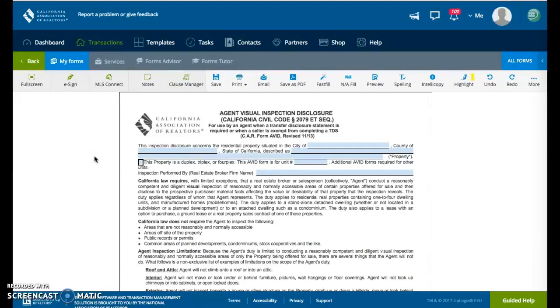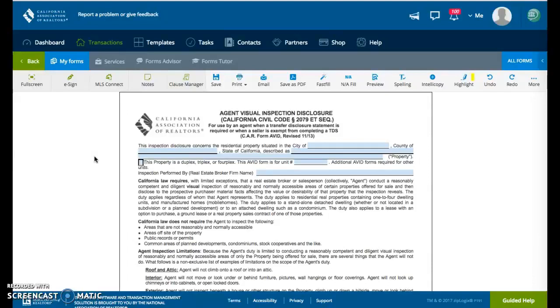So really, what this piece of paper is, depending on who you ask, it's kind of a bureaucratic thing, but really, it's just for agents to cover themselves in terms of representing a property that is in a certain condition.